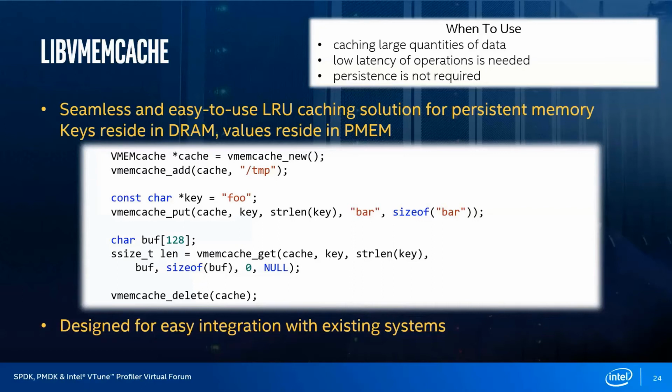This interface was created by the need for a performant and scalable solution that didn't use the existing libmemkind because of fragmentation concerns. So libvmemcache was created as a solution to inefficiency problems that you might have when you create very large heaps and allocate and cache objects with a wide variety of different sizes.